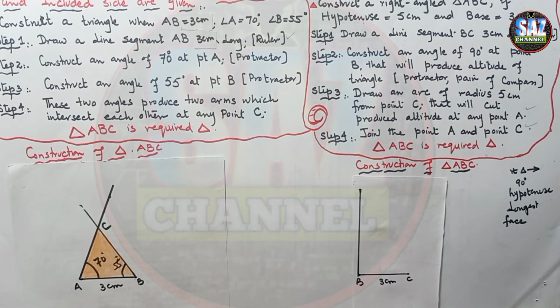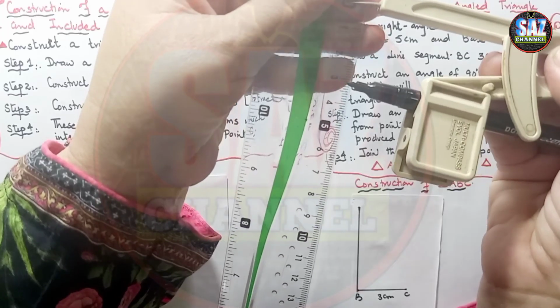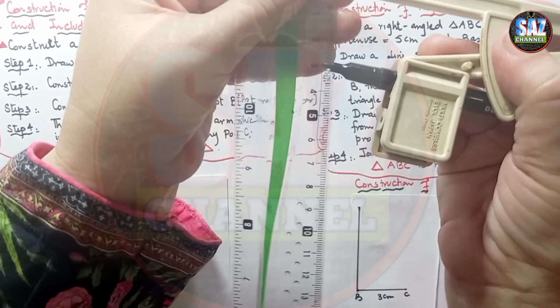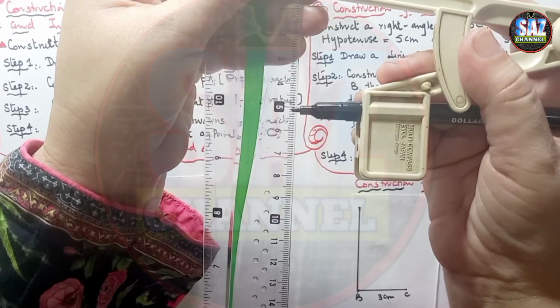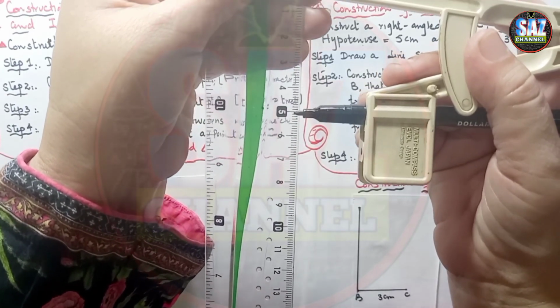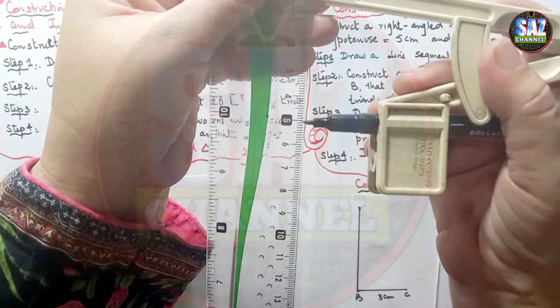So in order to construct the hypotenuse, I have to open the arm of the compass to a radius of 5 centimeter. Let me keep the compass and ruler right under the camera so that my students can understand easily. Okay, this is 5 centimeter. Please see, we have to be very accurate about the measurements.